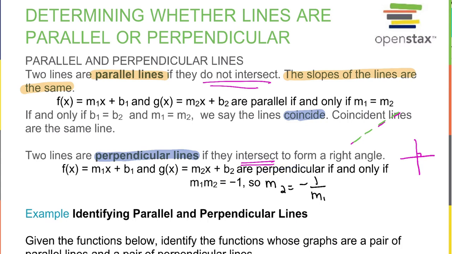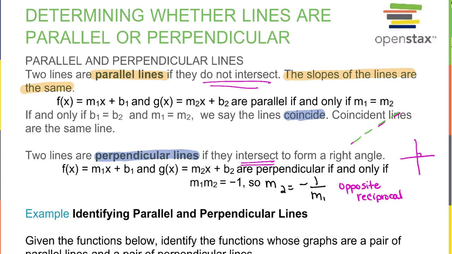What that also means is that the slope of one line is the opposite reciprocal of the other line. So they are opposite and reciprocal slopes. And so opposite means a different sign, and reciprocal means when you flip it.